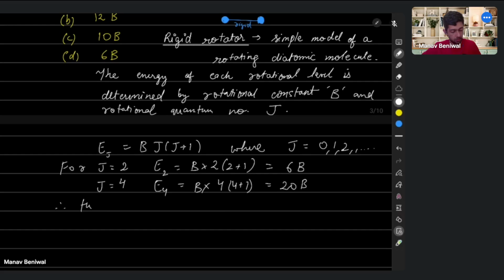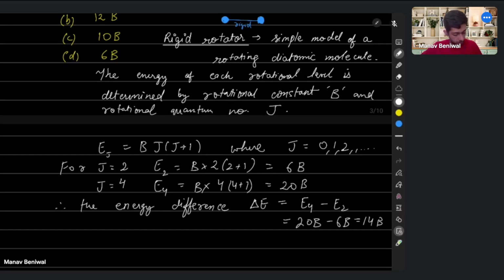Therefore, the energy difference delta E is E4 minus E2, which will be 20B minus 6B, which is 14B.